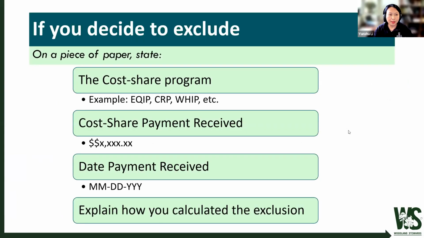So if you decide to exclude the cost share payment, then you need to attach a statement with your tax return. Basically, tell them what kind of program that is, how it's a qualified program, how much payment you have received, the date, and how you calculated the excludable amount.